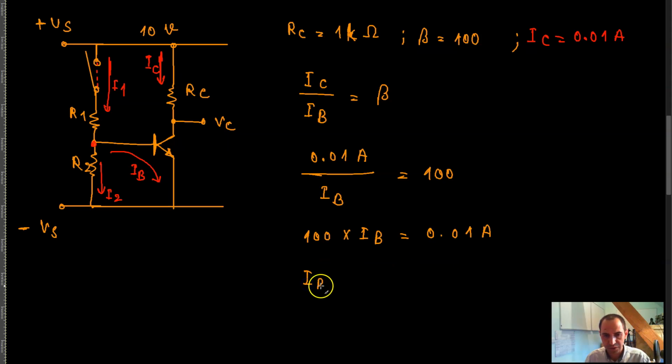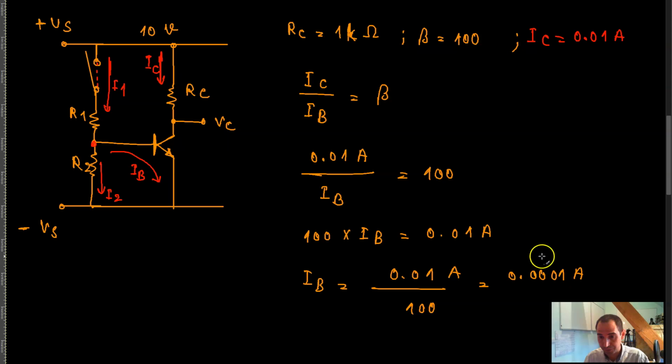That means that I of B is equal to 0.01 amp divided by 100, which is 0.0001 amp, which is basically 0.1 milliamp. So that means that I of B is equal to 0.1 milliamp, right?